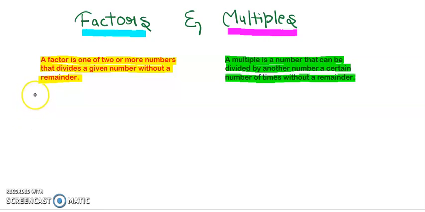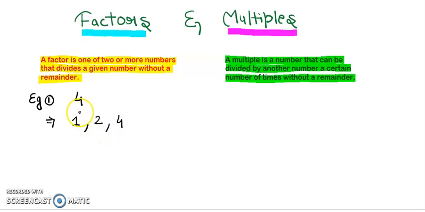Here I am giving the first example, example number 1. Let me take a number, 4. Now we have to find out in how many tables the 4 comes. So let us start. 4 comes in the table of 1. 4 even comes in the table of 2. 4 even comes in the table of 4.